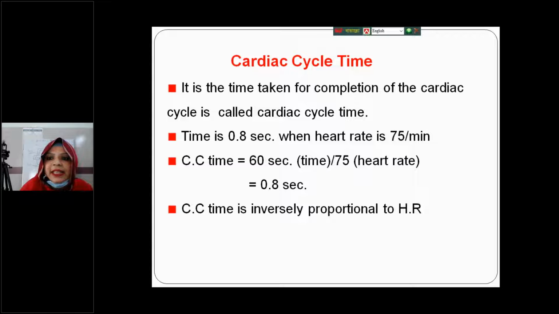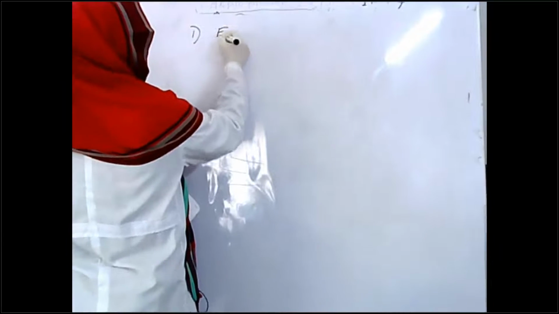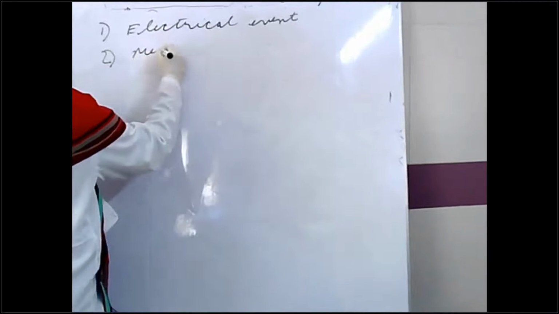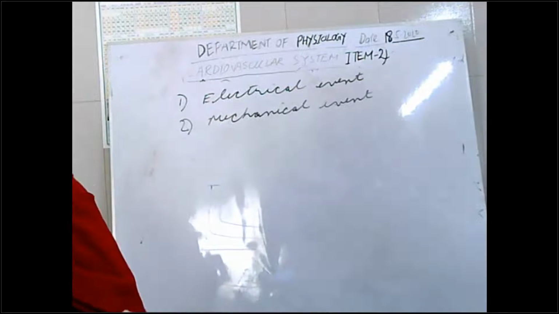Now, what are the events present in the cardiac cycle? Of course, two events occur in the cardiac cycle: first, electrical event, then mechanical event. Now, I want to show you in the figure.